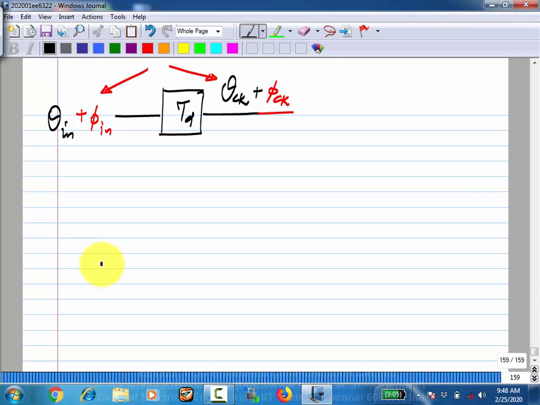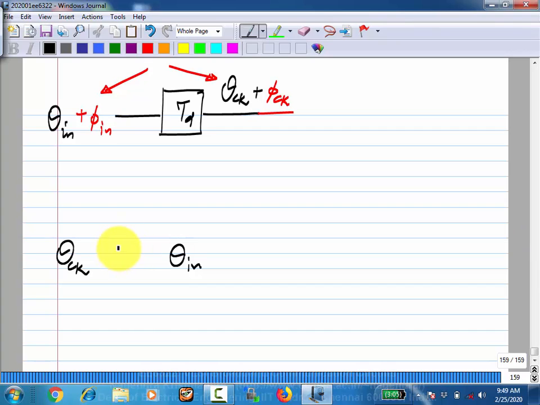What is the relationship between theta Ck and theta in at the operating point? What happens when you delay? What happens to the phase? 2 pi times? Yeah.